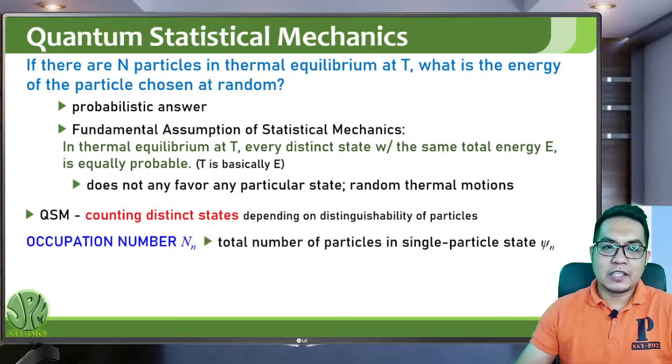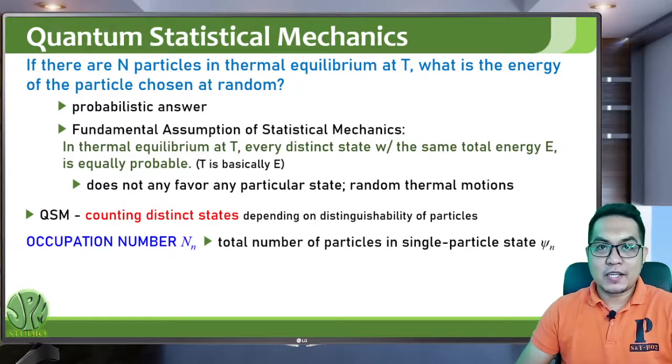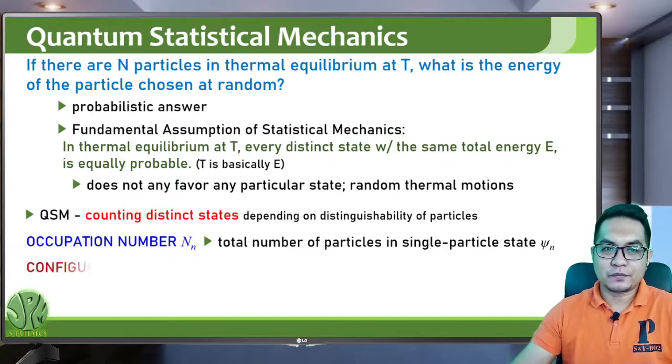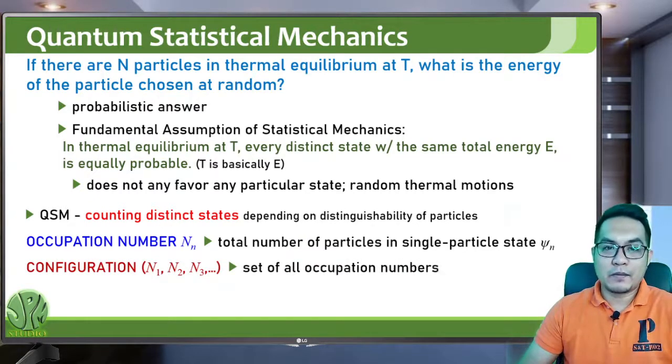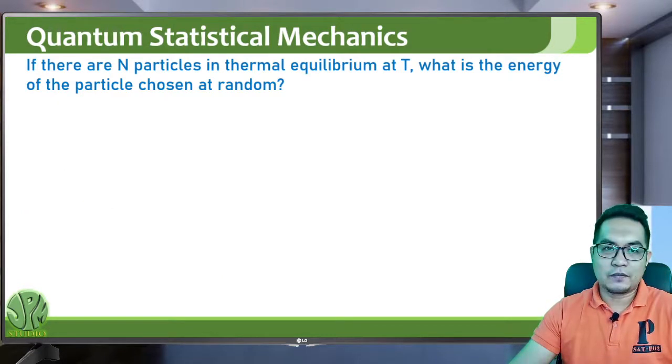It's basically the total number of particles in a single particle state psi n. How many particles are in the single particle state psi n? And the collection of all of these occupation numbers is what we call the configuration. So the set of all occupation numbers of a system is what we call the configuration.